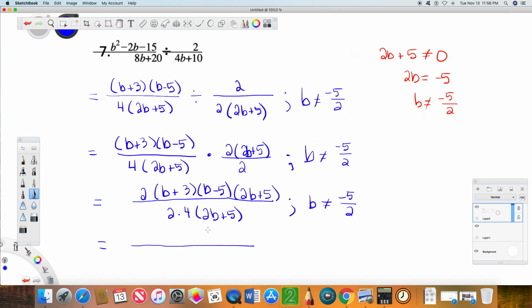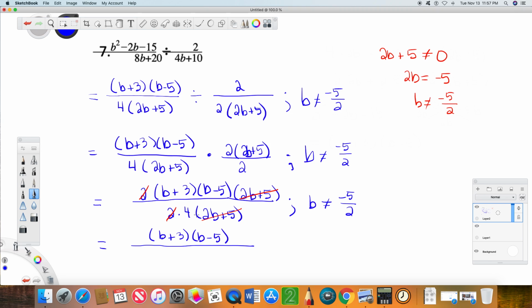All right, let's see if we have common factors. I see a 2 divided by 2, and I know that's 1, so that cancels. I have another factor over here, 2b plus 5 divided by 2b plus 5. That looks to be the only common factors. So in the numerator, I have b plus 3 times b minus 5.